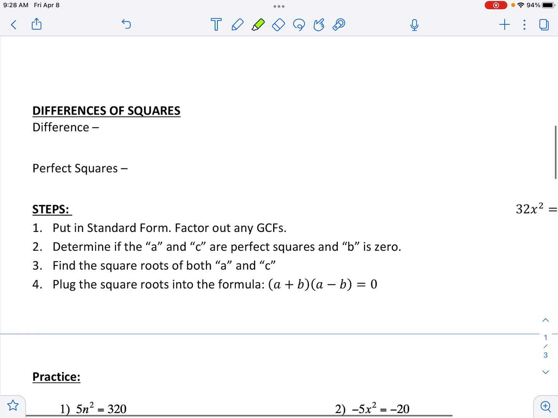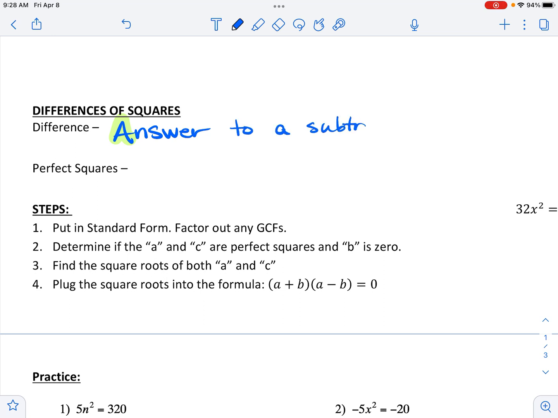Now let's think about the differences of squares. So difference tells us this is the answer to a subtraction problem. So a perfect square. What is a perfect square?